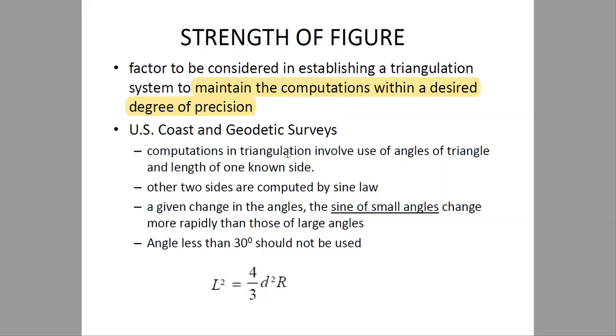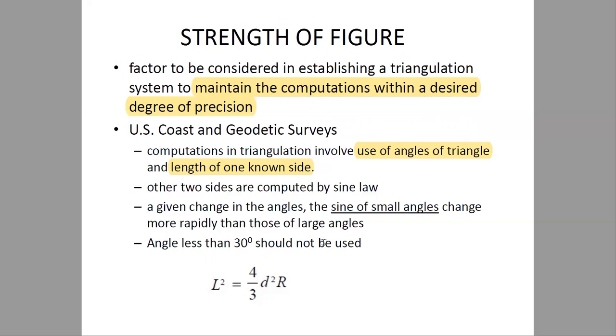Now computations in triangulation involve the use of angles of triangles and the length of one side. Yes, we have studied this earlier, the use of angles of triangles and the length of one known side. The other two sides are computed using the sine law. For a given change in the angles, the sine of small angles changes more rapidly than those of large angles. Now just try to remember the basic properties of sine.